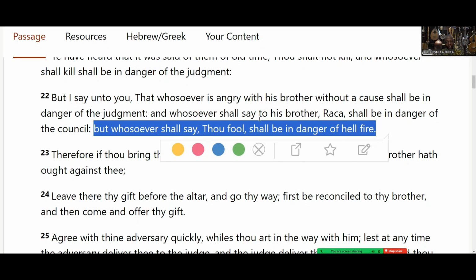Do you know that we need to be born again, right? So we are not born again if we still behave in this manner. But tell me, is it easy for somebody to make you angry and you will not say the person is a fool?